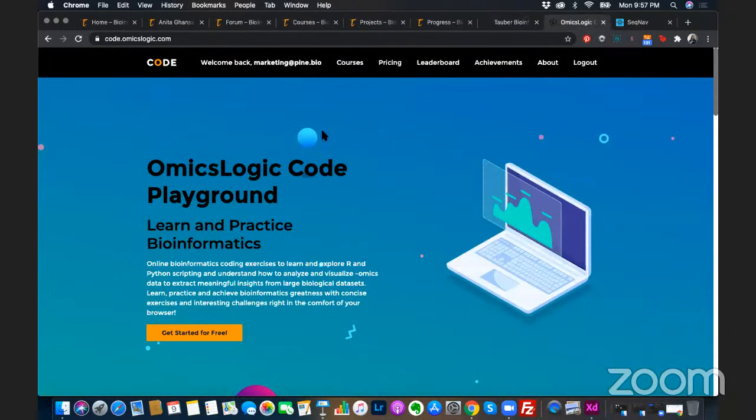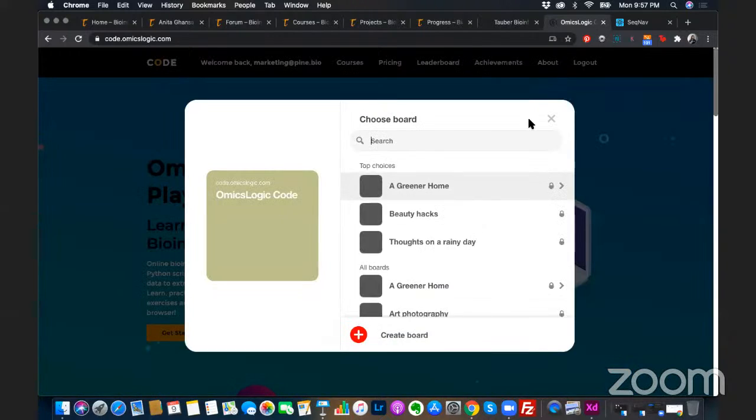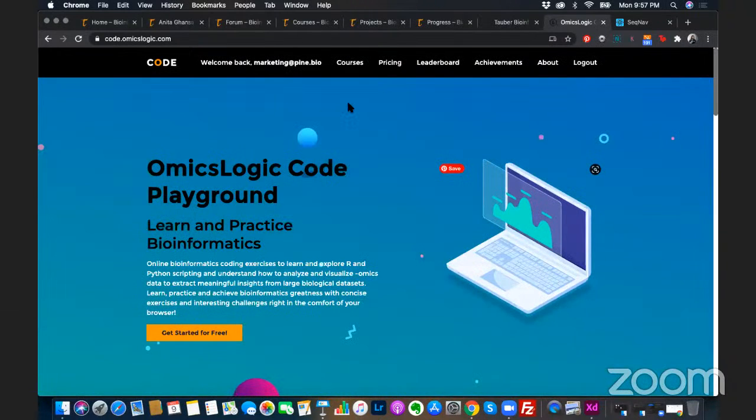The other platform, which Ilya also mentioned a while ago, was for practicing in R and Python. So we have courses on the Codeomics Logic platform where participants will be able to utilize this platform for a browser-based experience of using R and Python for training and learning from these data sets that we discussed today, and also from other data sets.